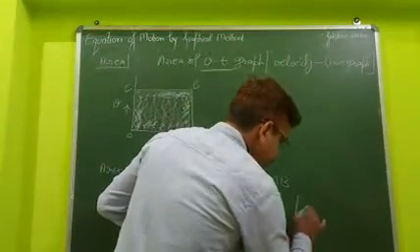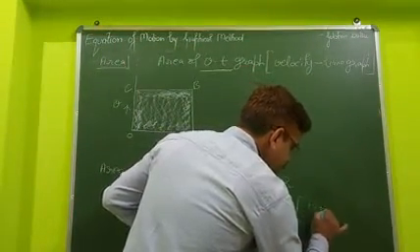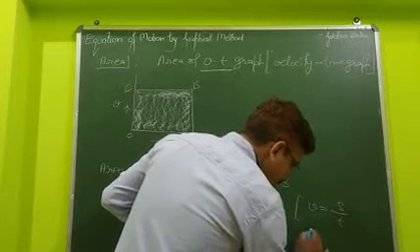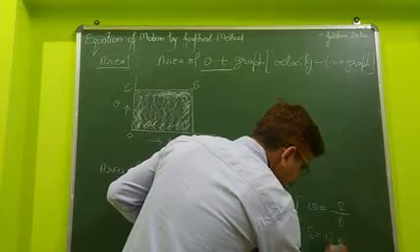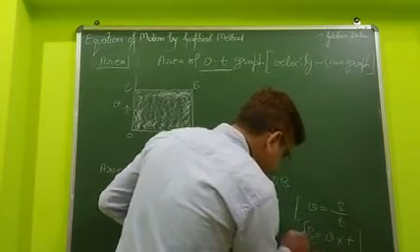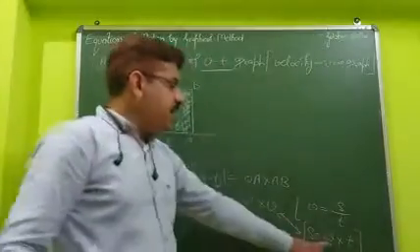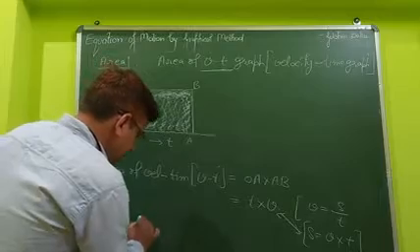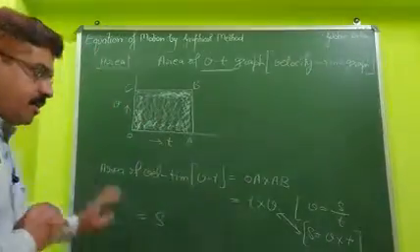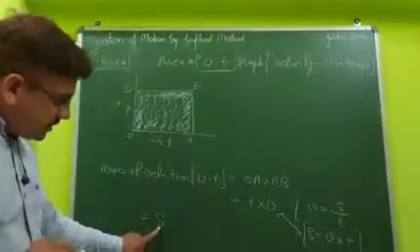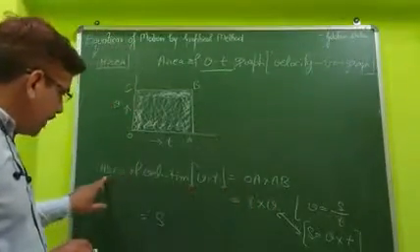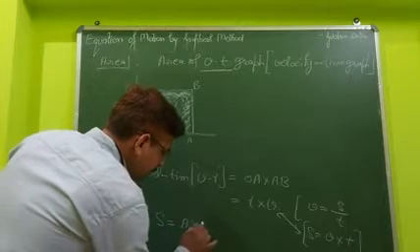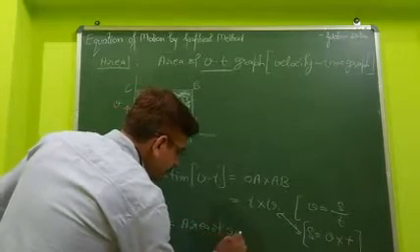But you know that velocity is equal to displacement over time, so S is equal to V into T. From this it is clear that V into T is nothing but S. So S is equal to V into T, which is equal to the area of the VT graph. So S is equal to the area of the VT graph.